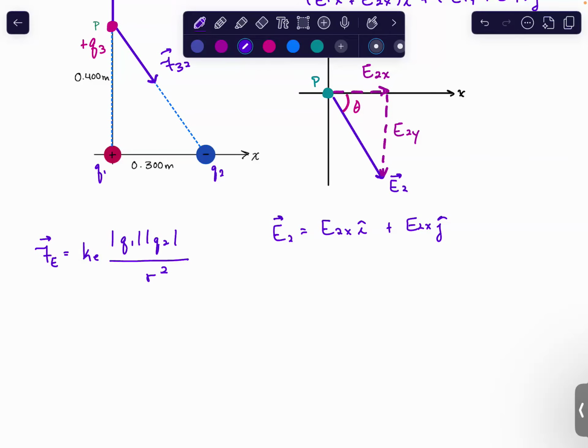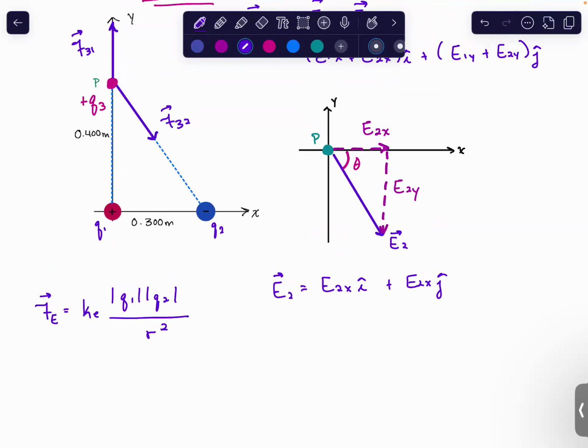So instead of just one charge over r squared, you're going to have both charges multiplied together over r squared. So exact same process twice. You're just using a slightly different form of Coulomb's law.